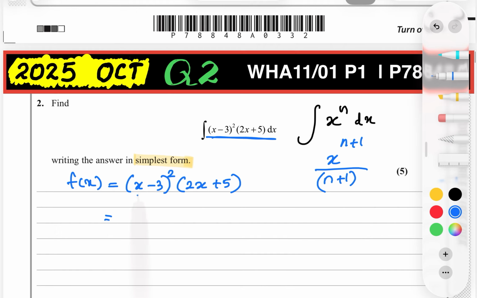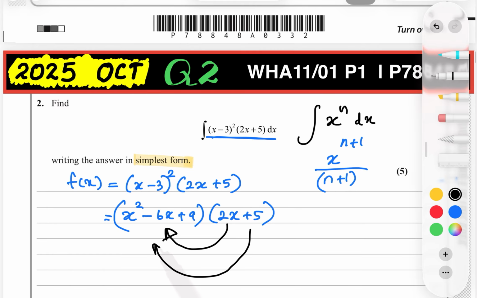Let's get that (x minus 3) whole thing squared. This will be an easy simplification. We would know it will be x squared minus 6x plus 9. So this would be multiplied by 2x plus 5. So we know we have to multiply everything by 2x and then the other terms by 5.